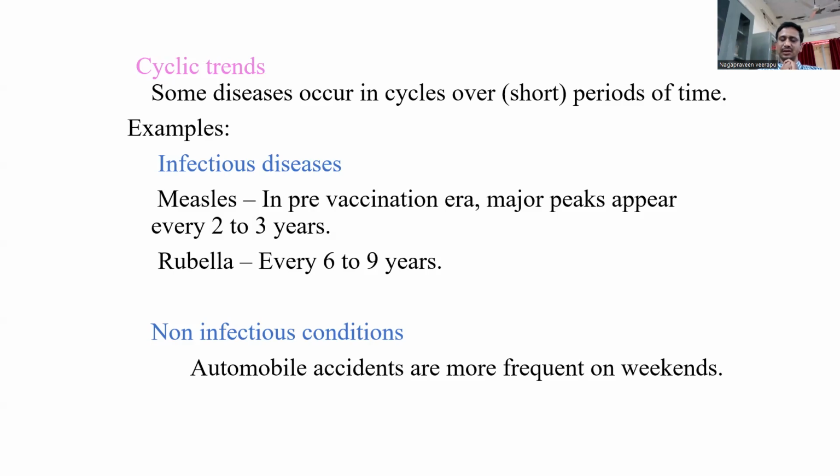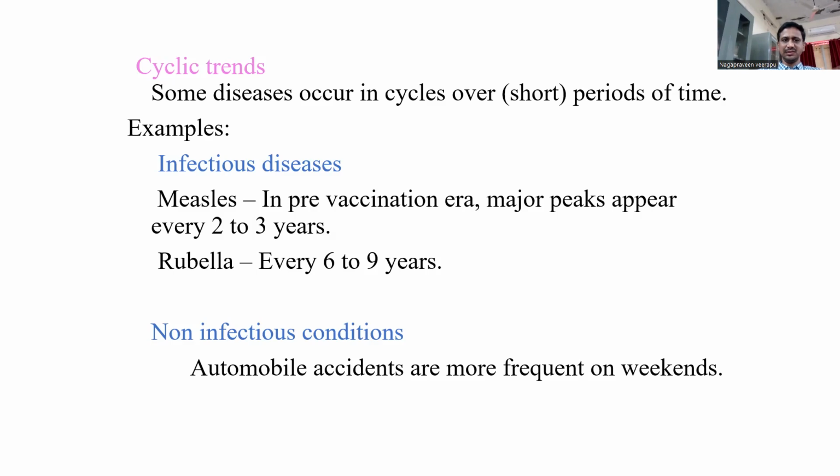Rubella also, before vaccination, every 6 to 9 years it would be calm and again rise. This type of trend is called a cyclical trend. In the USA, automobile accidents are more frequent on Sundays, that is weekends. That is also a cycle that comes periodically.